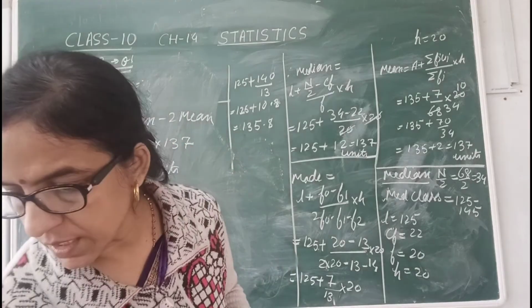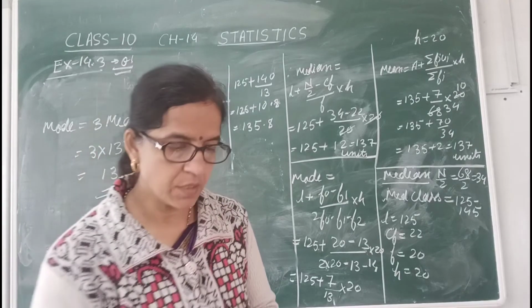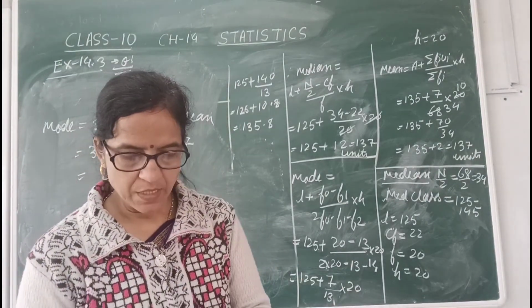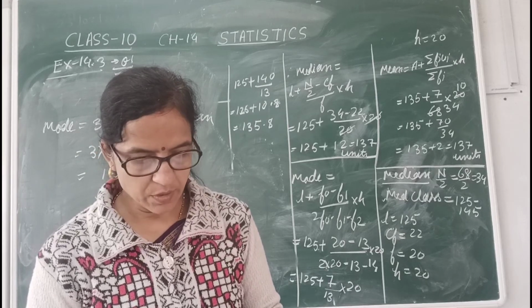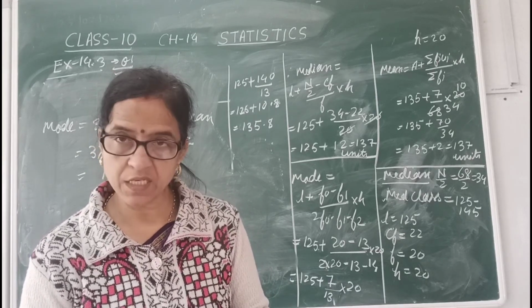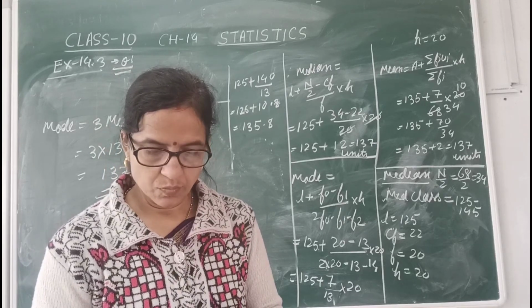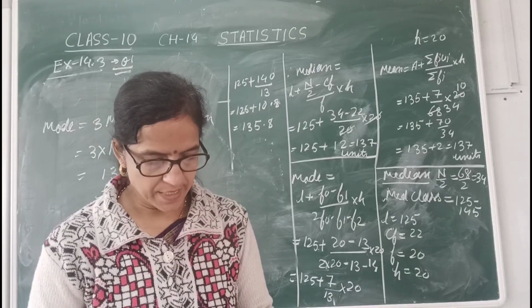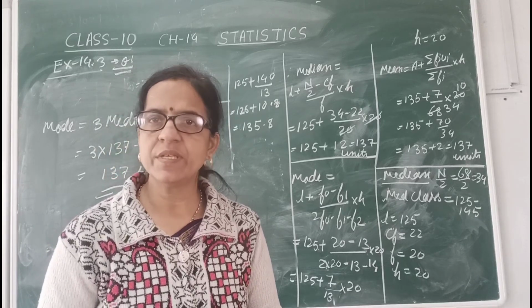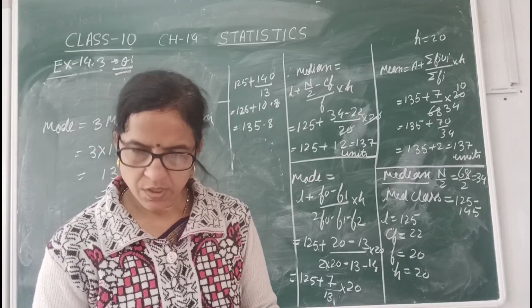So the syllabus of standard 10 in statistics is complete, and one more topic is there, that is Ogive or the cumulative frequency curve. Now this is deleted in standard 10, but even then I will be giving a brief introduction as I said before. So let us do that.